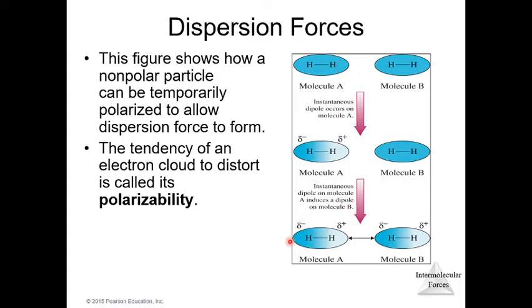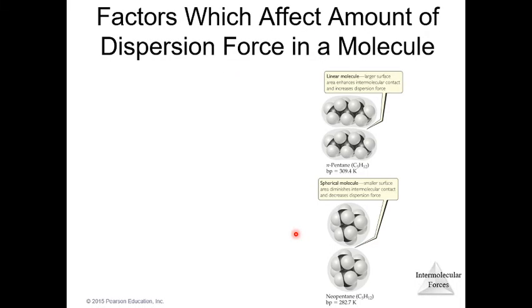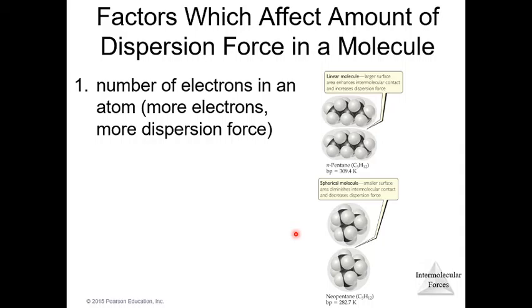So this tendency of this electron cloud to distort is called polarizability. And we're going to go into what makes a molecule more polarizable or less polarizable. So let's go into what impacts the polarizability of your electron cloud. How easily can I distort it? The first thing is number of electrons.